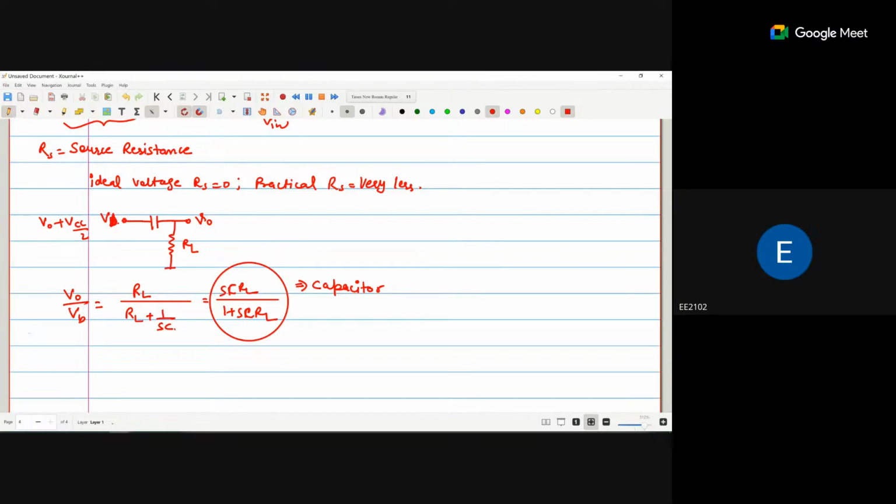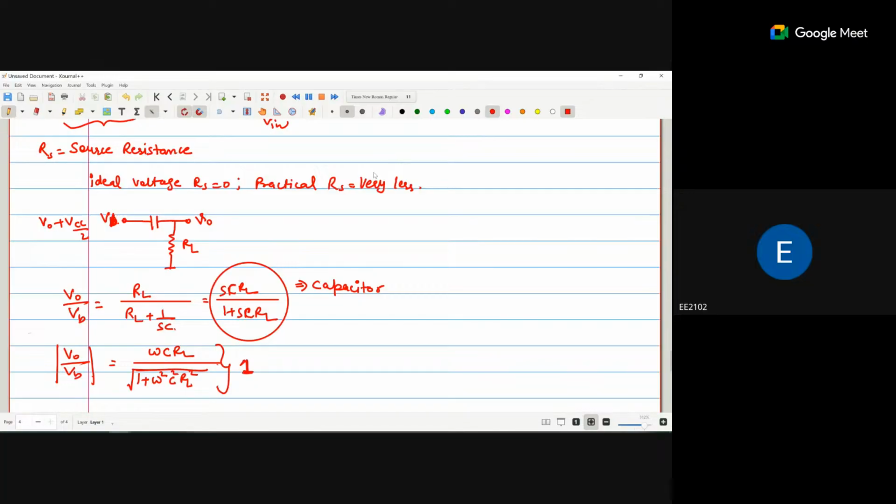If you take the mode, V naught upon VB mode will be equal to omega C RL upon the square root of 1 plus omega square C square RL square. And we want that value to be equal to 1.